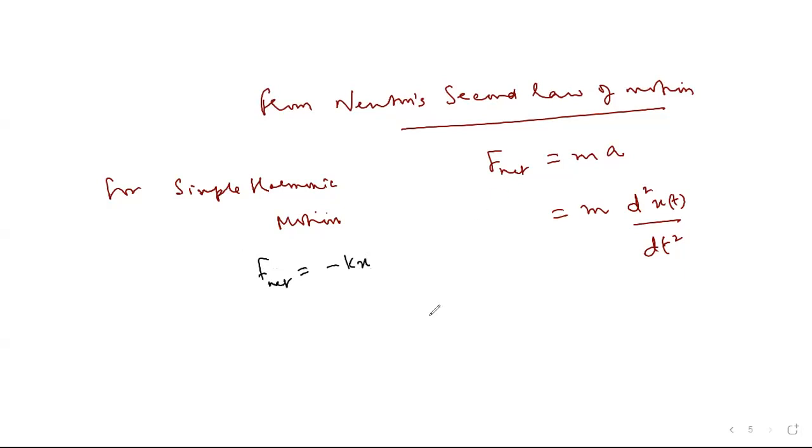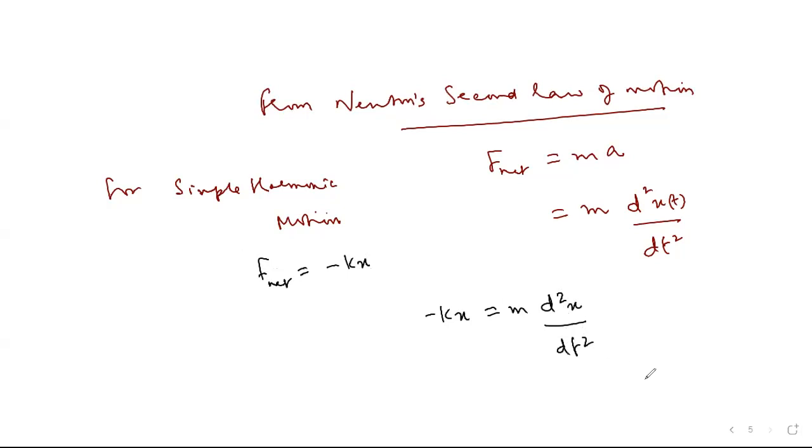When we substitute here, we can write minus kx is m d2x by dt2. It is x of t, I am writing simply x. It is understood. Here it is position as function of time.